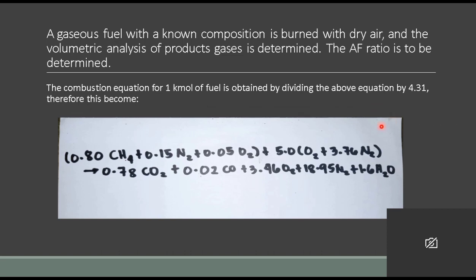So from the equation earlier, we'll just have to divide it by 4.31 because 1 kilomole of fuel can be obtained by dividing it.